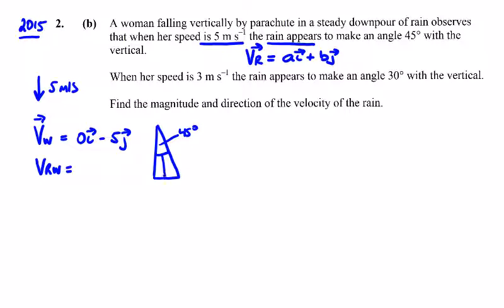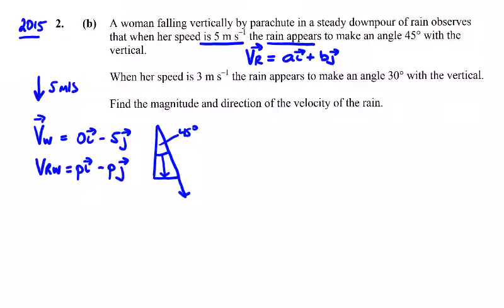With 45, we can say the x and the y are the same. We don't know the speed, so let's call the speed p here. So we can just say it's coming into the positive negative sector. So p in the i direction minus p in the j direction might be the easiest way to look at this.